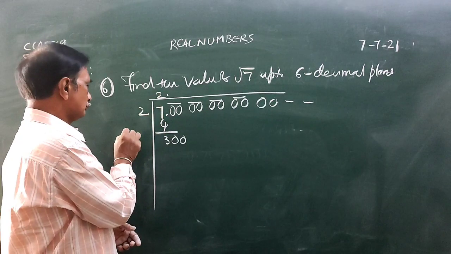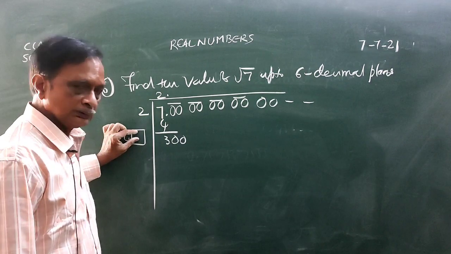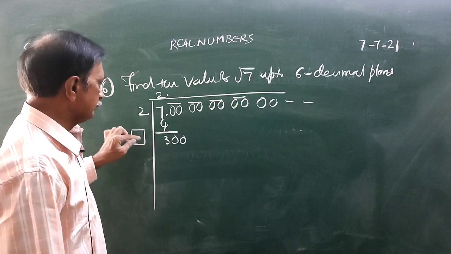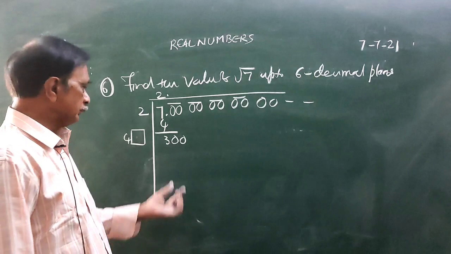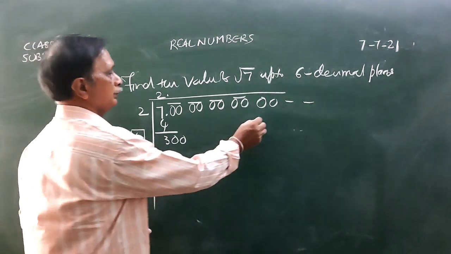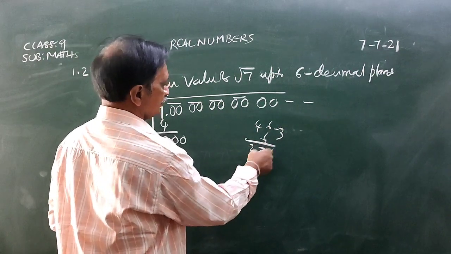Double this 2, 4. Write a digit here such that this divisor multiplied by the digit should be less than or equal to 300. Suppose if you take 6 here, 46 times 6, 276.